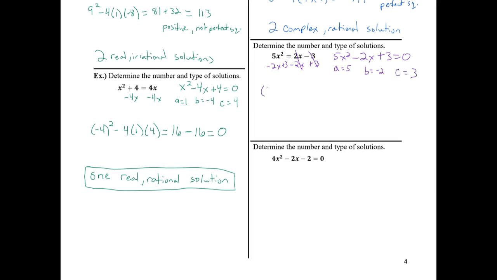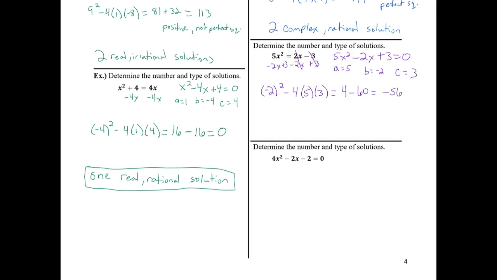Filling it in, b squared minus 4 times a times c. Negative 2 times negative 2 is positive 4. And 4 times 5 times 3 is 60. So we end up with negative 56.